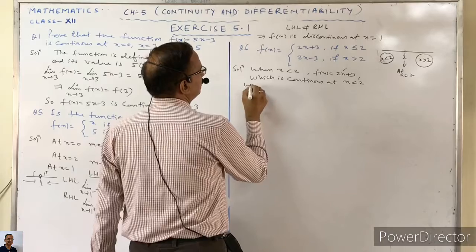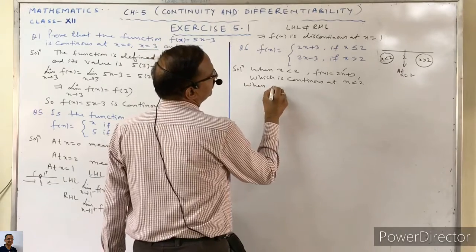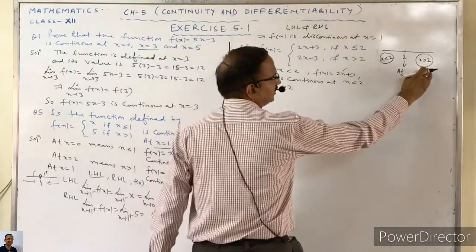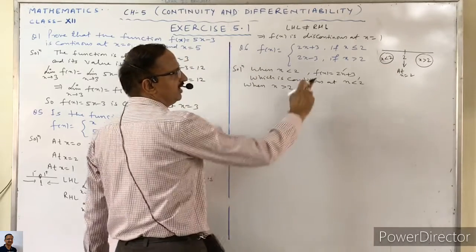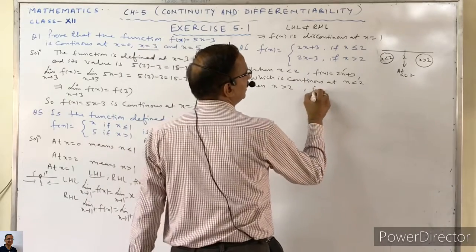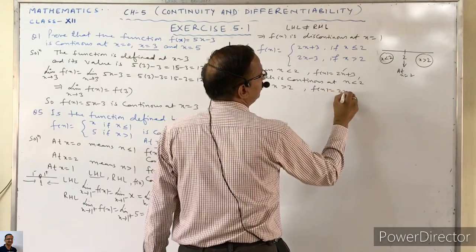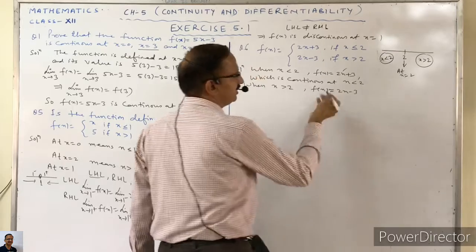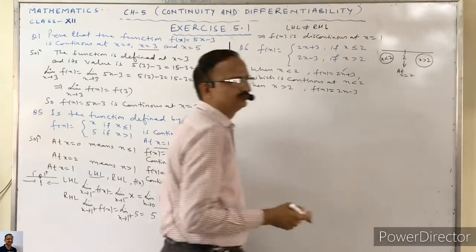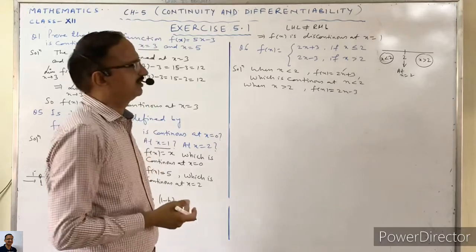Now for x greater than 2, for this partition, the function is f(x) equals 2x minus 3. The same thing: for any point greater than 2, the function is continuous.